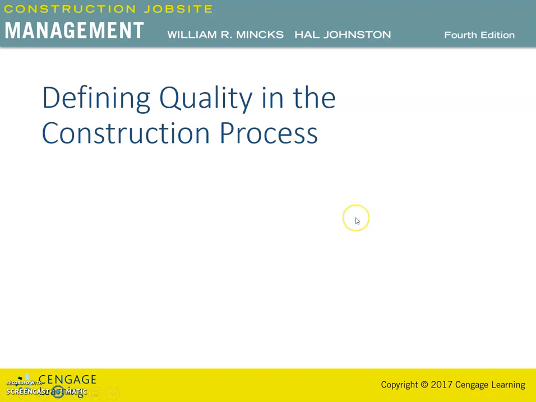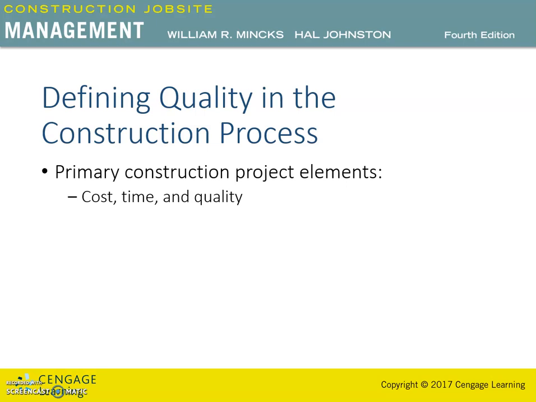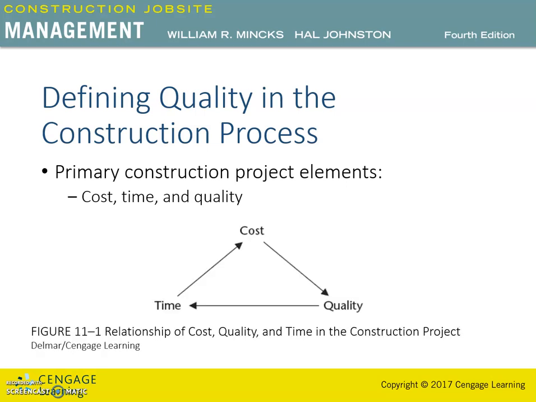How do we define quality in the construction process? The three primary elements of a construction project are cost, time, and quality. Quality is one of these three primary elements. All three of these elements are interdependent on each other, as can be seen by this iron triangle.